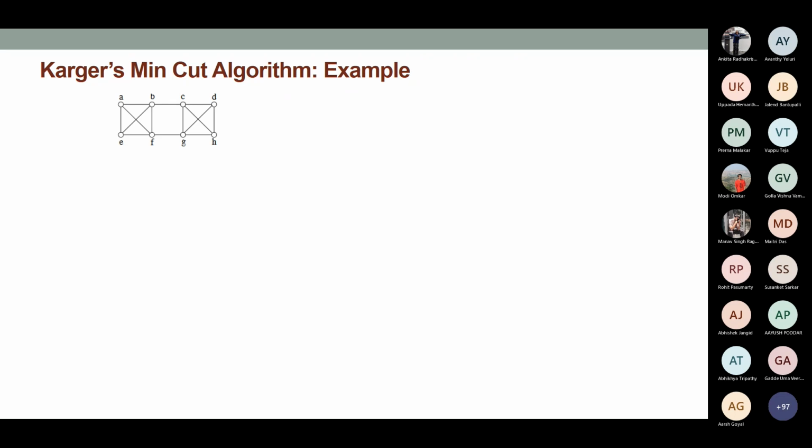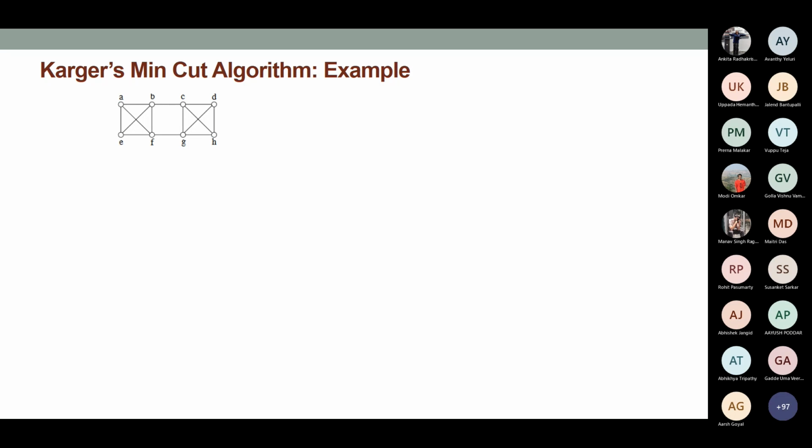So say this is my graph, the same old graph that I had taken in the previous slide. I had 8 nodes and a bunch of edges. I would like to figure out the minimum cut, partitioning this graph into 2 so that there are a minimum number of crossing edges between the two groups.